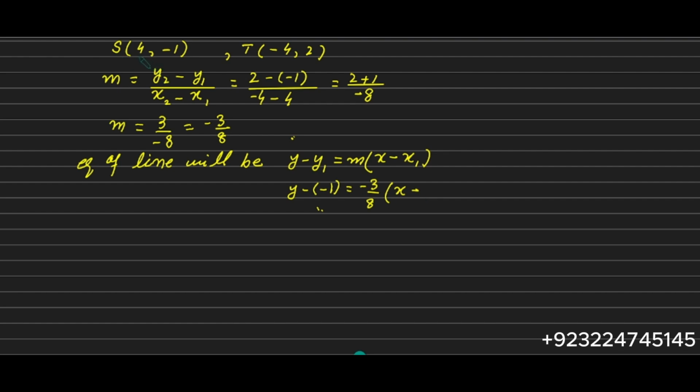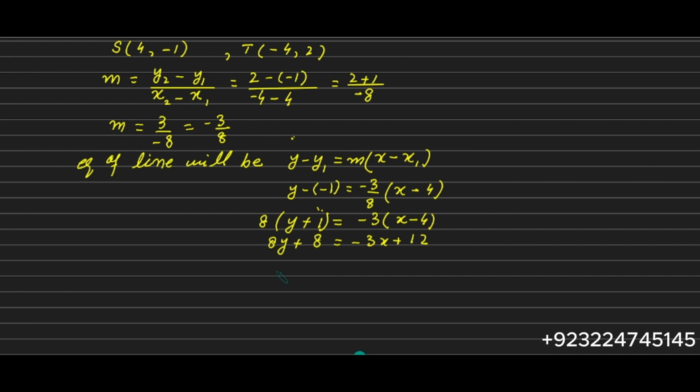In place of x1, we write here 4 and we simplify it. Y plus 1 equal to minus 3 into x minus 4, and this 8 is multiplied by this side. We get 8y plus 8 equal to minus 3x plus 12.